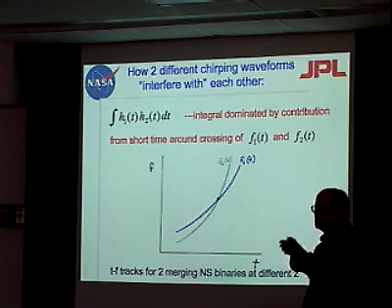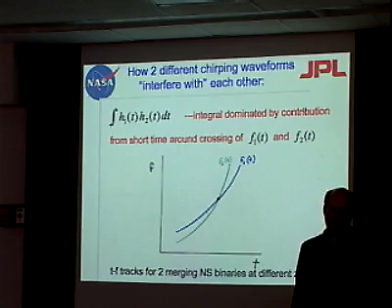So there's a year-long integral, and it's about 3 hours' worth where the entire contribution comes from. Basically like a stationary phase. Exactly. That's right. You can estimate it from the stationary phase approximation.